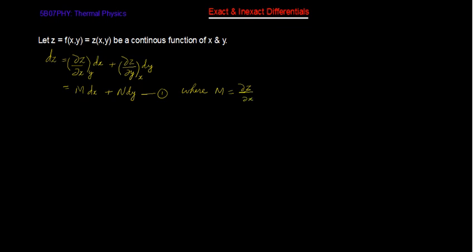It's understood, at constant y. And n is equal to dou z by dou y at constant x, where this z, m, n all are functions of x and y.